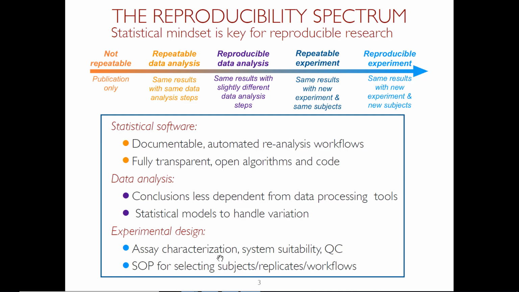And this includes, on the biological side but also on the technological side, assay characterization, system suitability, and of course the choice of replicates and so on. And so in these 2.5 days and in the following 2.5 days, we will spend a lot of time talking about all of these issues. So what I'm doing now is just a preview. Okay?